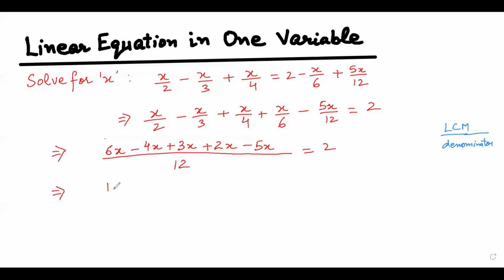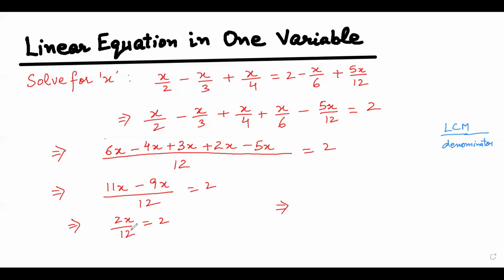That is 11x. Similarly, minus 4 and minus 5, minus 9x over 12 is equal to 2. And 11x minus 9x becomes 2x over 12 is equal to 2.